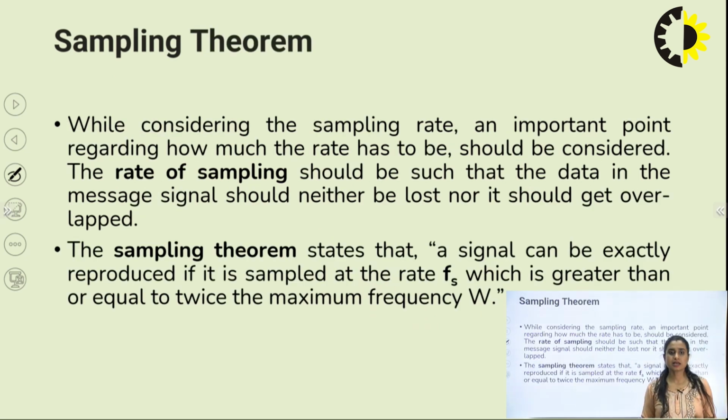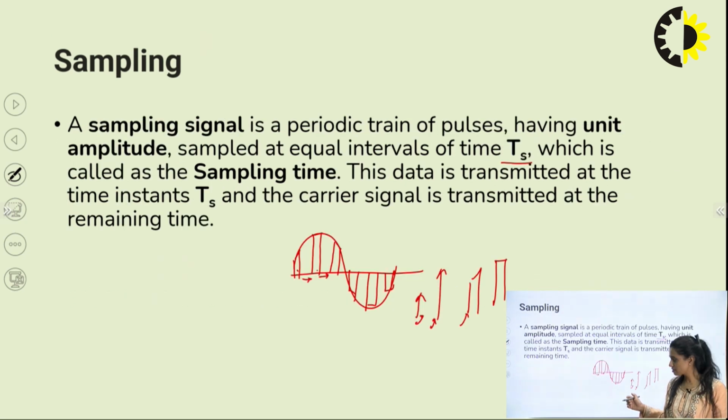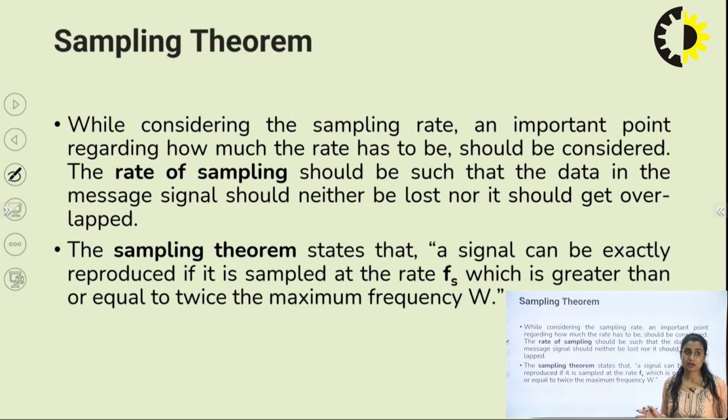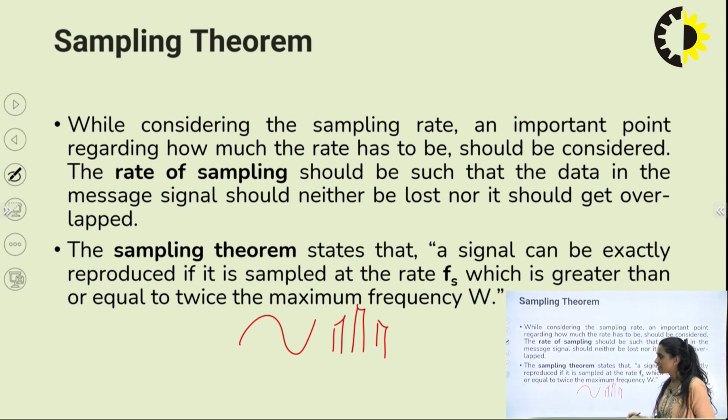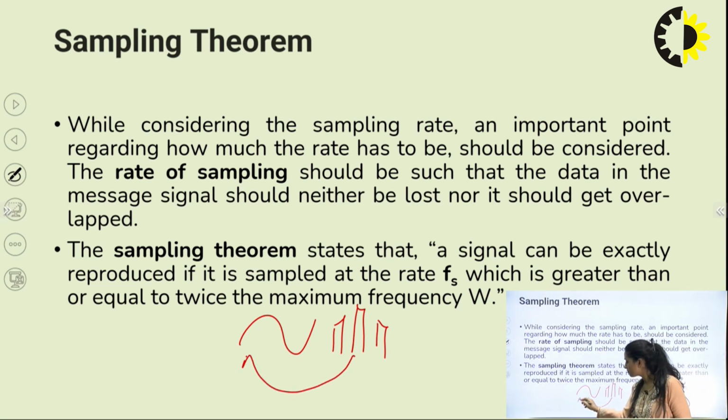Now, it's not just that I can make n number of samples as per my desire. No, it has to follow a specific rule. So the sampling theorem bounds that. What does the sampling theorem say? The rate of sampling should be such that the data in the message signal should neither be lost nor should it get overlapped. What does it mean? When from this I am making this, at the receiver side I'll have to go back again from this to this.